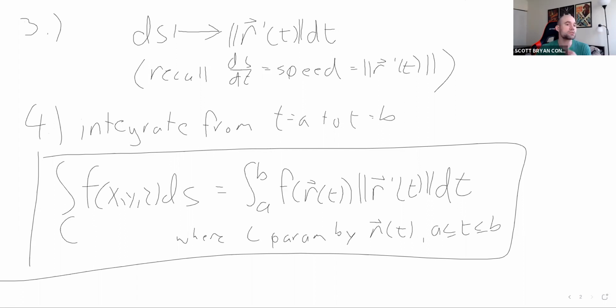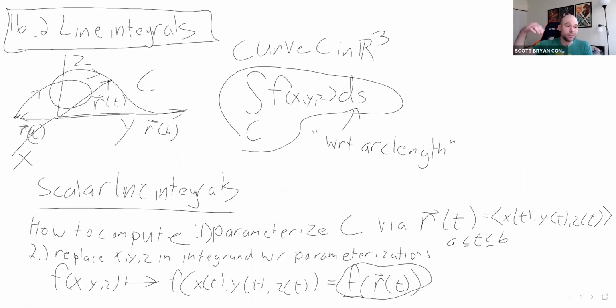Okay, so let's do some examples. And also let me say, this is a good thing to remember. Often it's not the easiest thing in the world to explain physically what a scalar line integral is.